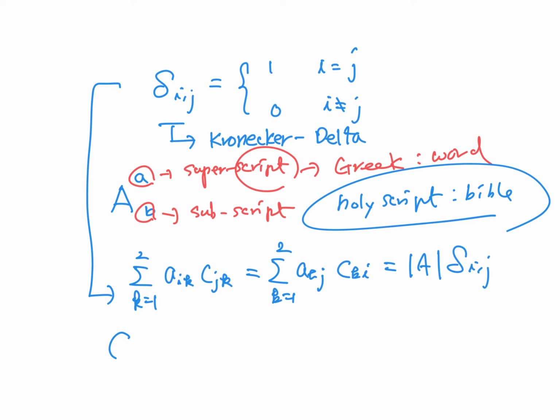And the matrix C is called cofactor matrix. Cij, right? C11, C12, C21, C22.